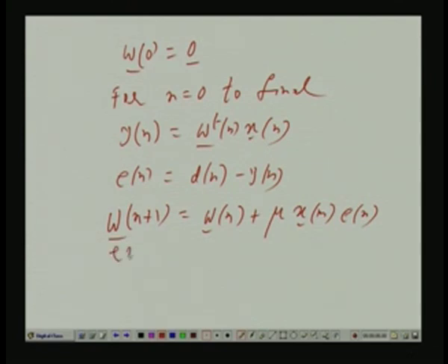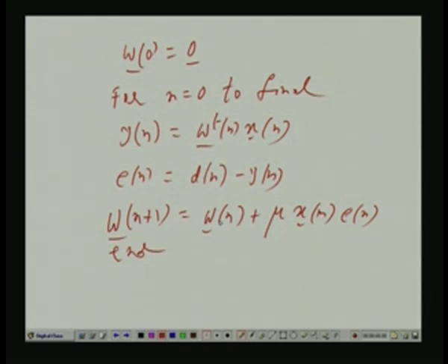So, this is a real time algorithm. The moment we replace I by n and use real time estimates for the R matrix and P vector, everything is data dependent. There is no E operator here, there is a direct data vector x n multiplied by W transpose giving y n, then E n, and x n vector is used along with n to update the weight for the next index, so on and so forth.